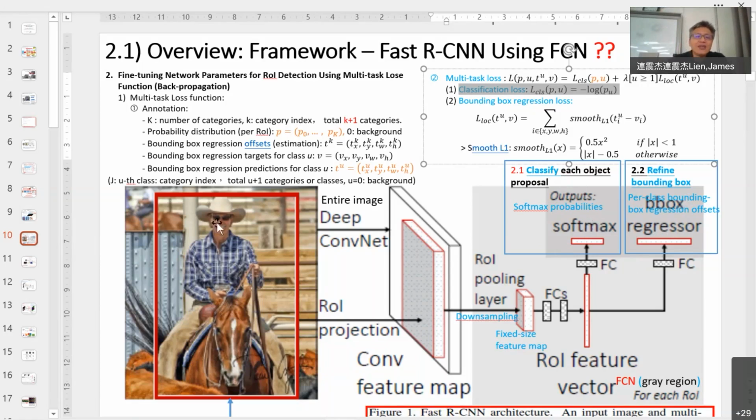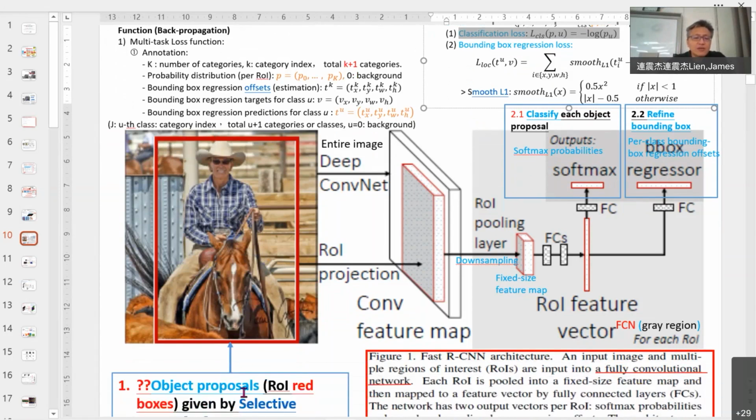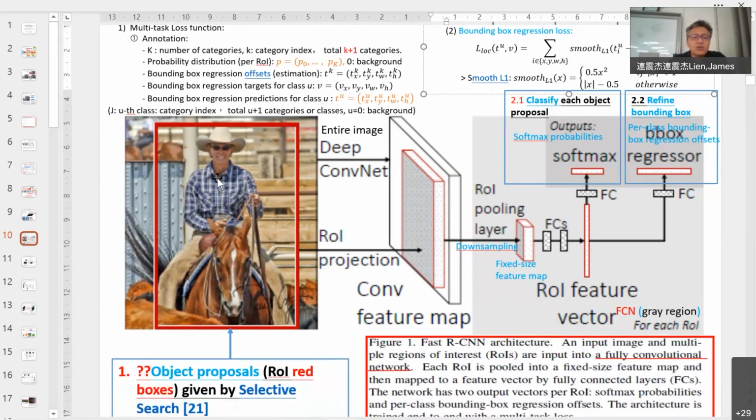So the idea is here. They use traditional computer vision, selective search. They crop this region and input it to here. So they have two kinds of input. The first input is the entire image, which they encode into many maps.